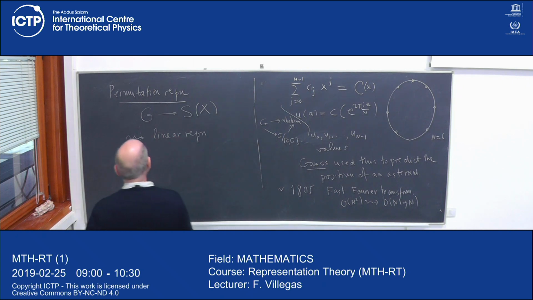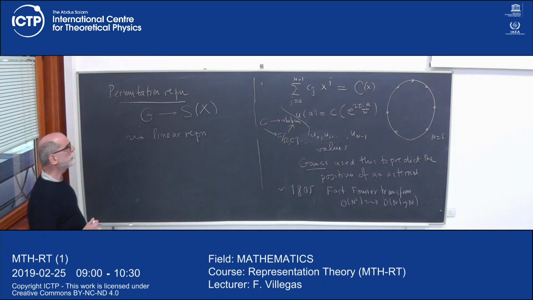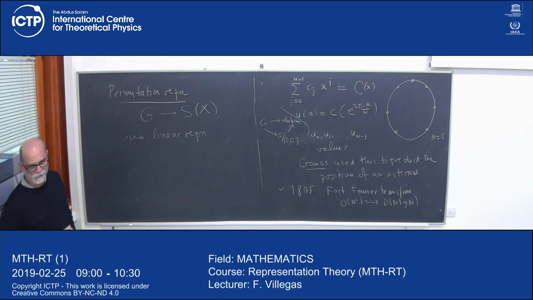Okay, so if we have a permutation representation, I'm going to associate to this a linear representation. Remember, that means something with matrices acting on a vector space. And here I'll do it slowly because there's potentially a place to get confused between right and left.